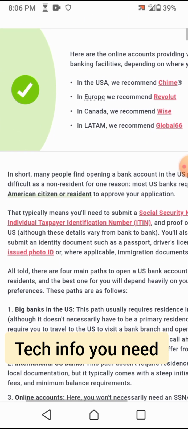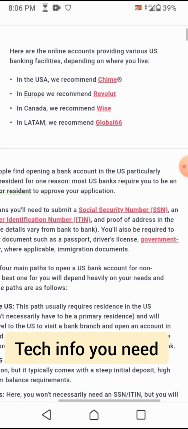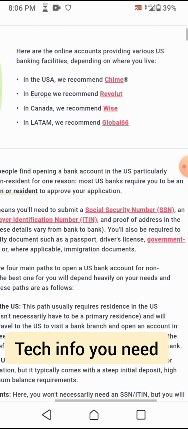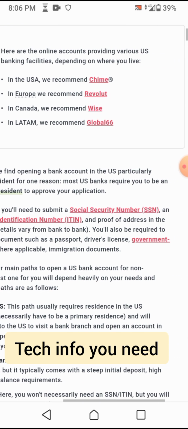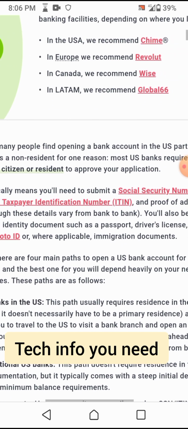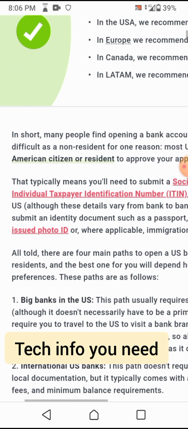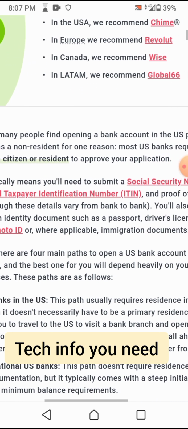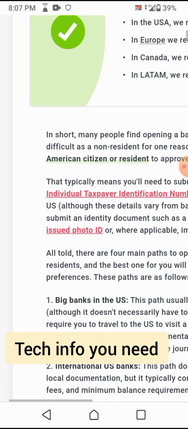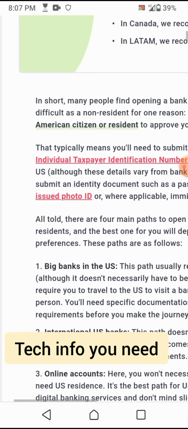That typically means you need to submit a Social Security Number, SSN, or Individual Taxpayer Identification Number, ITIN, and proof of address in the US. Although the details vary from bank to bank, you are also required to submit an identity document such as a passport, driver's license, government-issued photo ID, or where applicable, immigration documents.